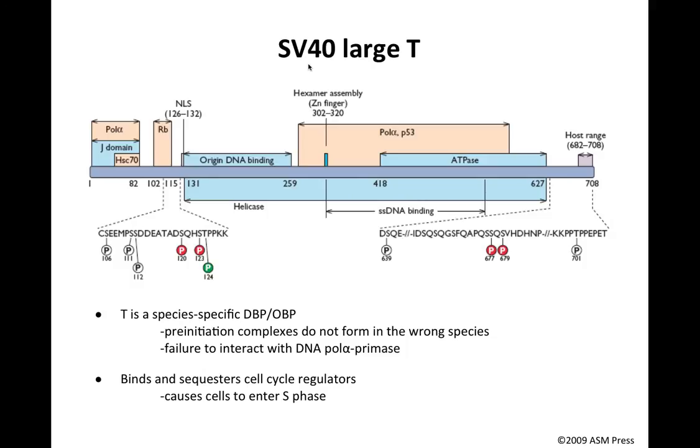And as I've hinted, the T antigen binds and sequesters cell cycle regulators. So RB and P53 are two cell cycle regulators. T antigen binds and sequesters them. That makes cells enter the S phase of replication. And why the virus would want to do that will become obvious in the next segment.